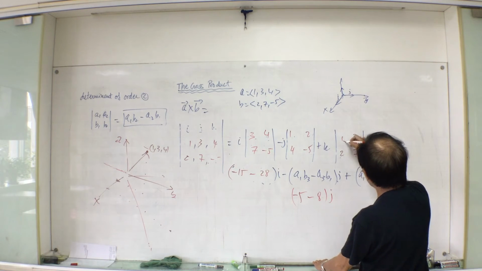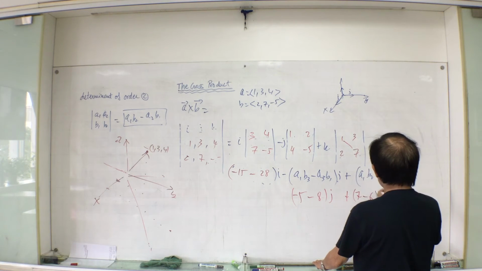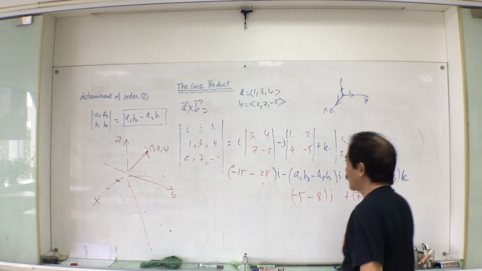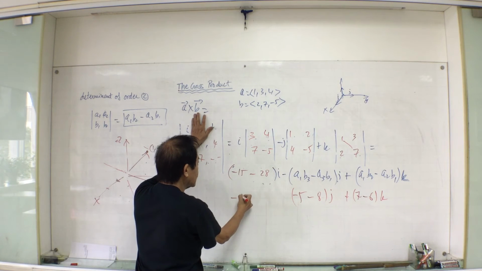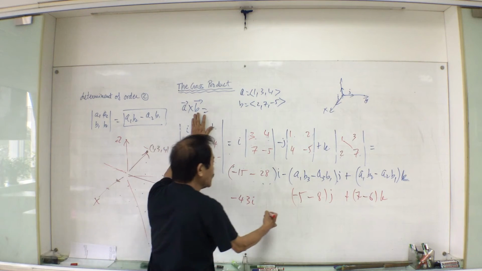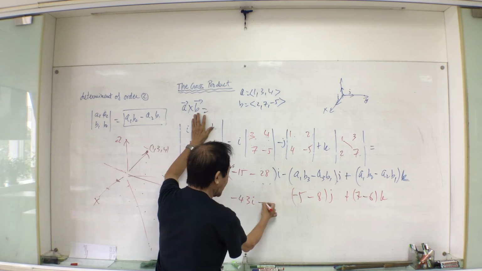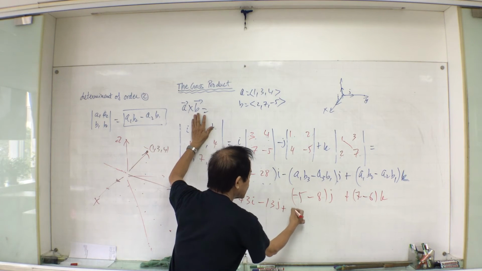Finally, for K, 1 times 7 minus 2 times 3. So finally I add them together: -43I, then minus 13J and plus K.